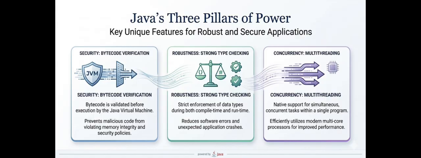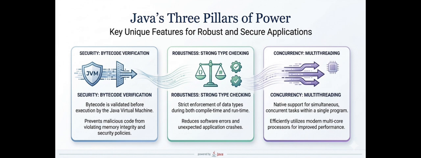Java's unique features are, first, security via bytecode verification. Its core concept is that Java code is compiled into an intermediate form called bytecode. Before running this code, the Java Virtual Machine (JVM) checks the bytecode for safety anomalies. The benefit is that it prevents malicious code from directly corrupting the system memory. The next feature is robustness through strong type checking. Java strictly enforces variable types at both runtime and compile time.